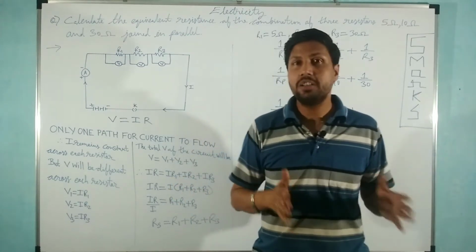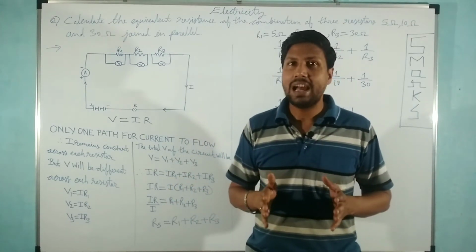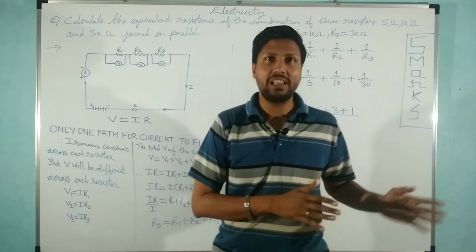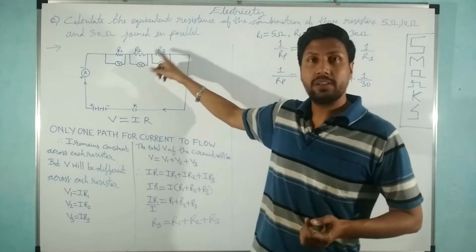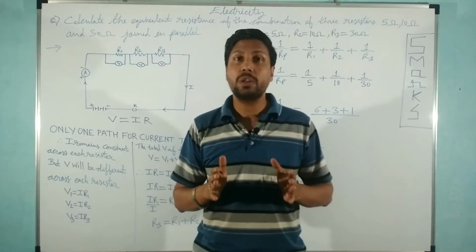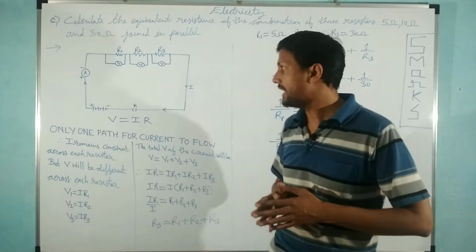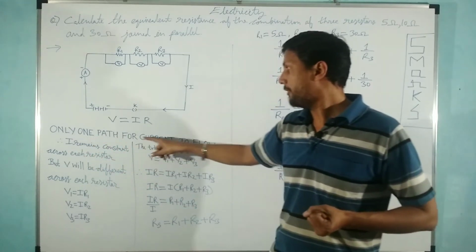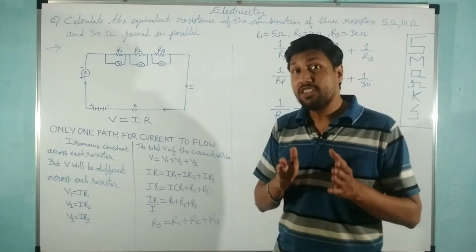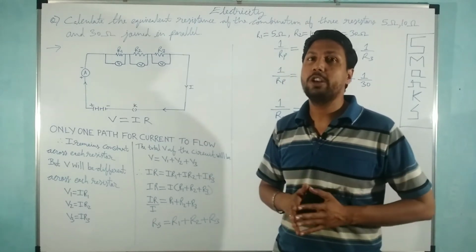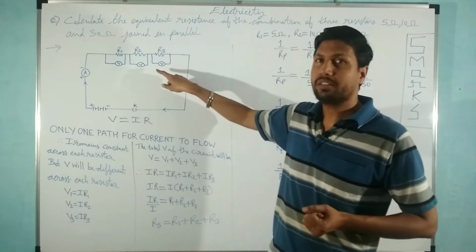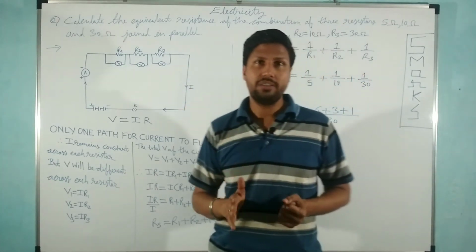So what does it mean? It means that the pressure difference goes on decreasing as the number of resistors increases. That is the main part, or you can say the conceptual part in this derivation: there is only one path for the current to flow. So current has only one path to flow, but the potential difference across each resistor is going to be different. We can observe that with the help of the voltmeters connected across each resistor.